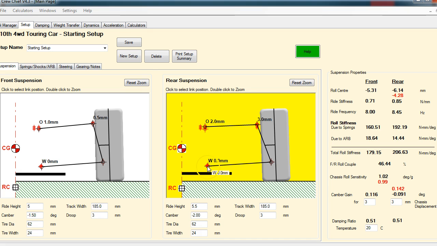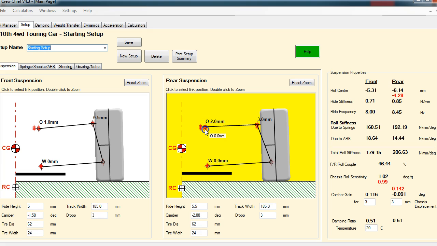So the other area where you can make changes to the roll center is with the lower suspension arm, and actually making changes here has a more dramatic effect. Let's just reset this back to where we started. So here, if we go from 0 to a 2 millimeter shim, we've changed the roll center by, let's call it 1.5 millimeters.